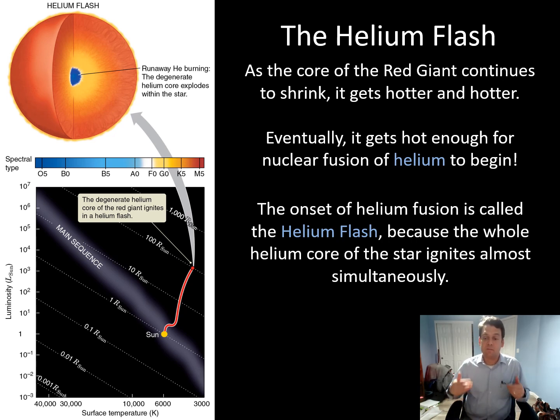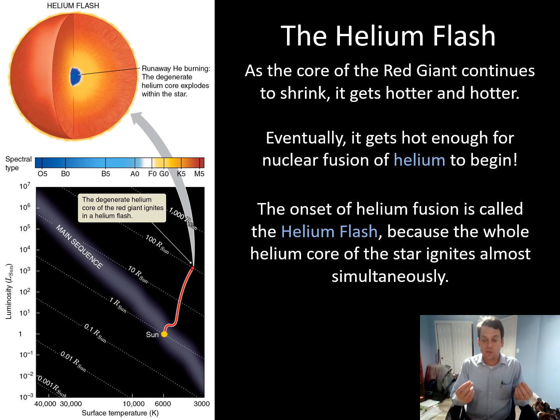Well, that effect is even more pronounced in the case of trying to fuse helium, because helium has twice the charge of a proton, right? So hydrogen has a +1 charge in units of e, the magnitude of the electron charge. So a proton has a +1 charge, whereas an alpha particle or a helium nucleus has a +2 charge, right?